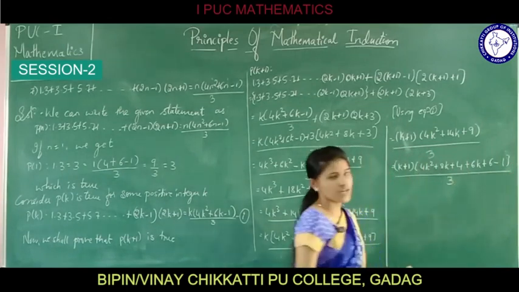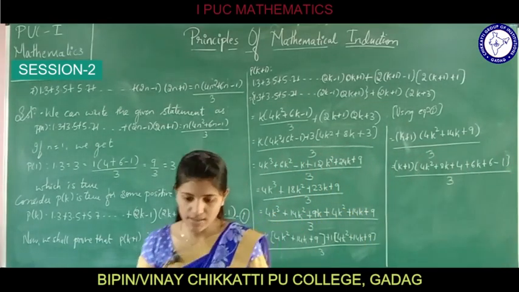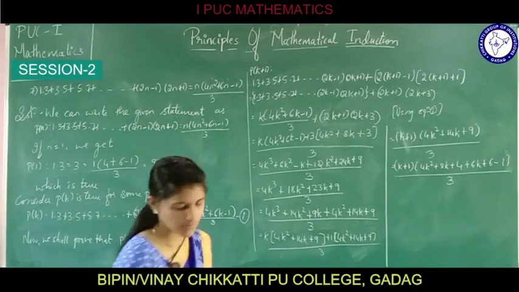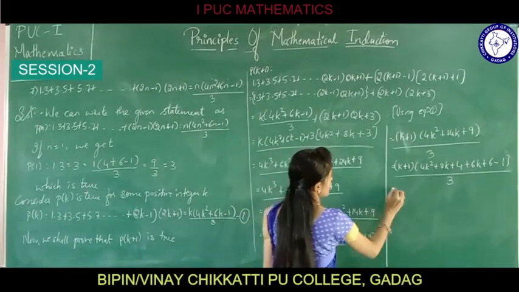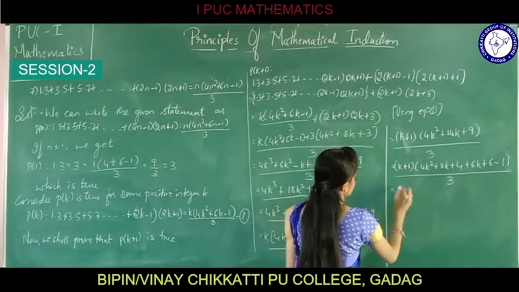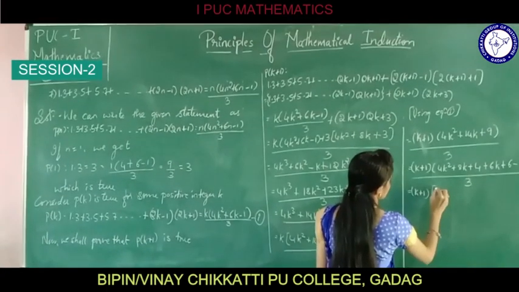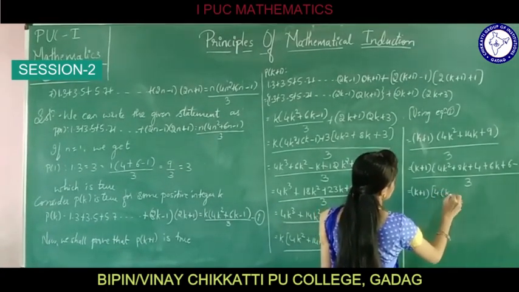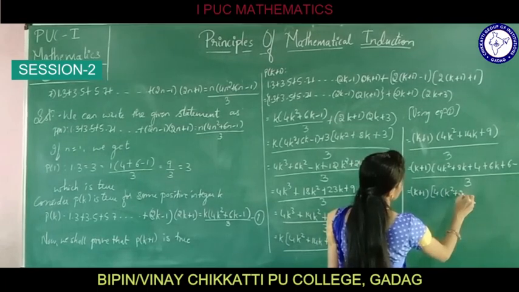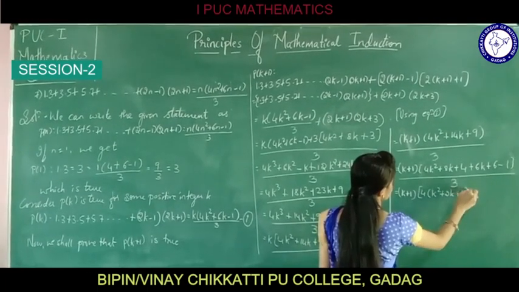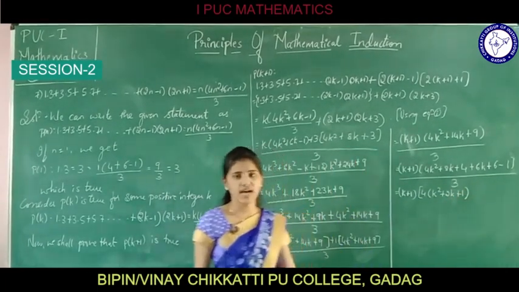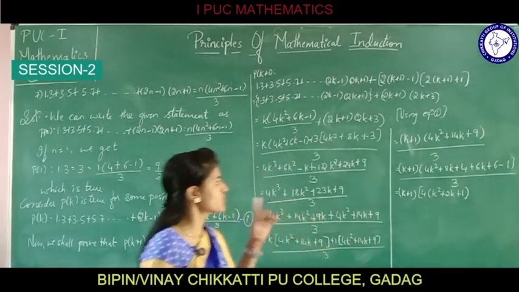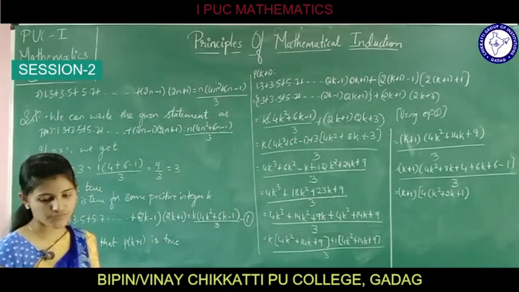Then how we can write this further? This can be written as k plus 1 into, taking out 4 as common, I am left with k square plus 2k plus 1. Just what I have done, I have taken out 4 common from 4k square plus 8k plus 4.